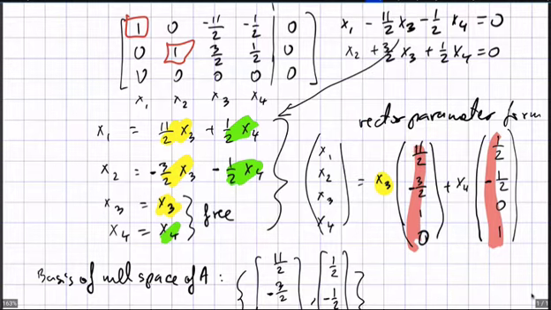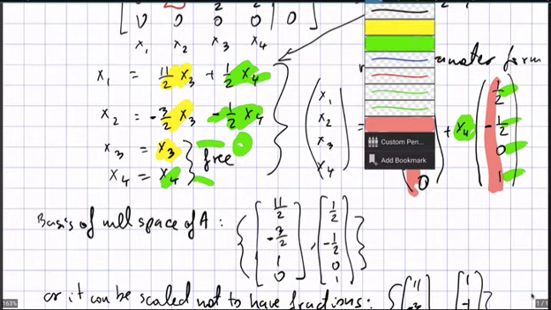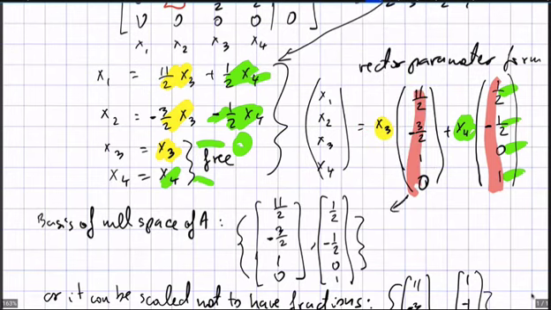Then for x4, we have 1/2 in the first component, minus 1/2 in the second component, no x4 in the third component, and 1 x4 in the fourth component. So this is the vector parameter form of the solution to the homogeneous system, and from there we just read the two vectors, collect together the two vectors, and this will be the basis of the null space for A.